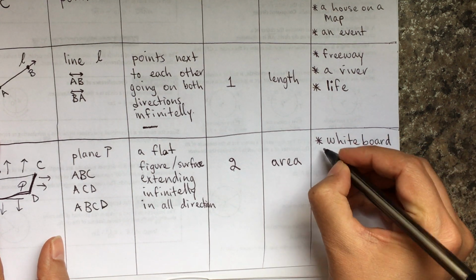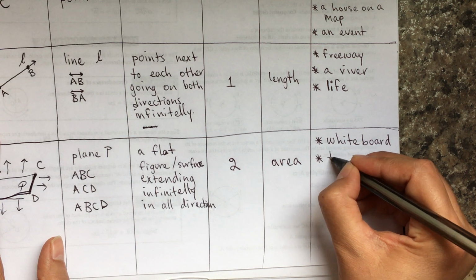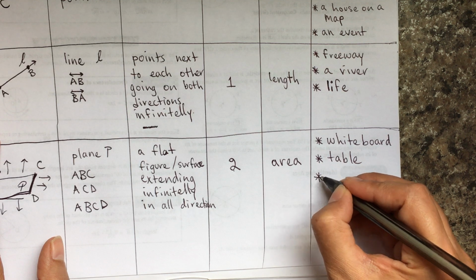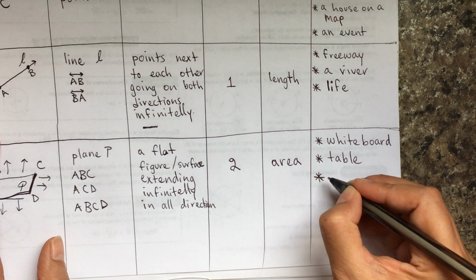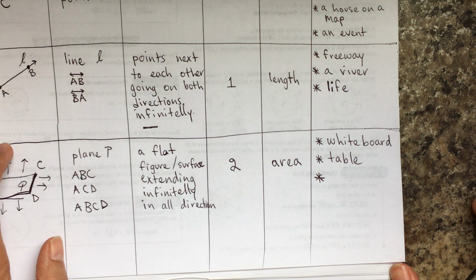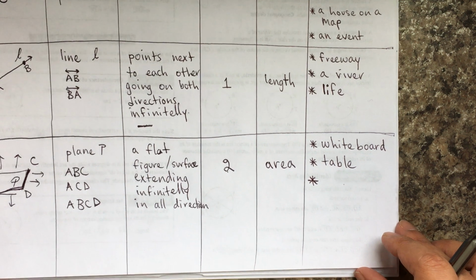Some real world examples people came up with: a whiteboard is a flat surface. They also said the top of the table. Somebody mentioned that before they thought that the world was flat. Then they thought that it was a plane, but now we know that it's more or less an exact sphere, although it's a little elongated.